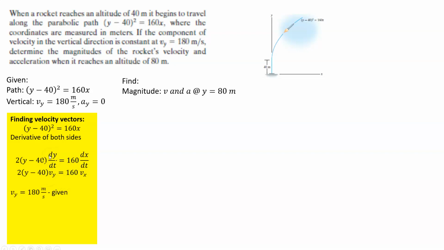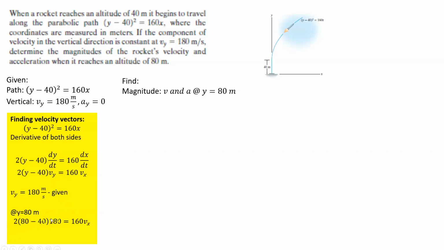Now we're solving this in terms of dy over dt, or vy, which is 180 meters per second. Again, that one was given. So y equals 80. So that's what they gave it to us for. Remember, there's y within this function, this derivative: 2 times 80 minus 40, times 180.